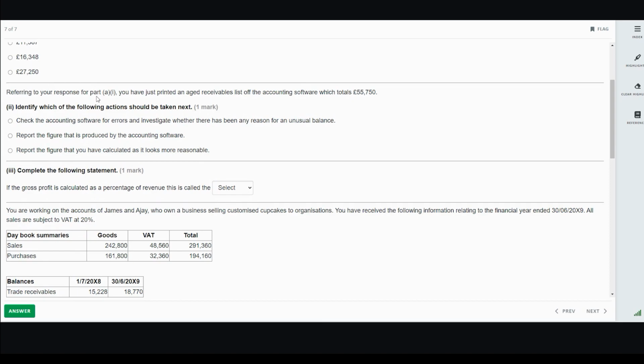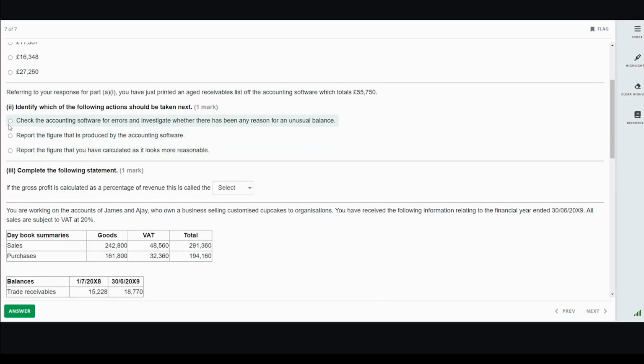Referring to your response in part A1, you have just printed an aged receivables list off the software, which totals 55750, and it says identify which of the following actions should be taken next. Check the accounting software for errors and investigate whether there has been any reason for an unusual balance; report the figures produced in the accounting software; or report the figures that you have calculated as it's more reasonable.